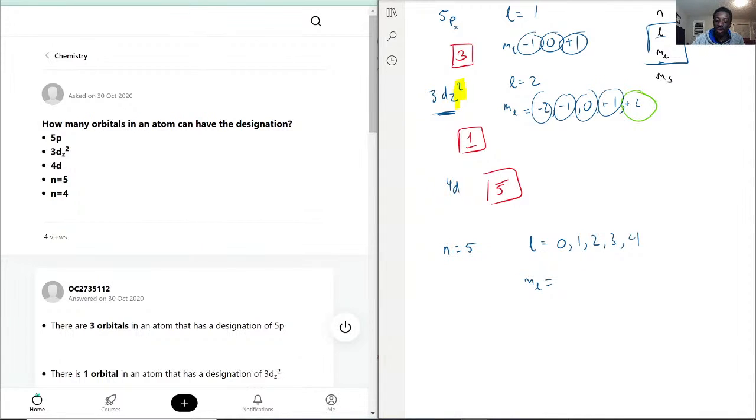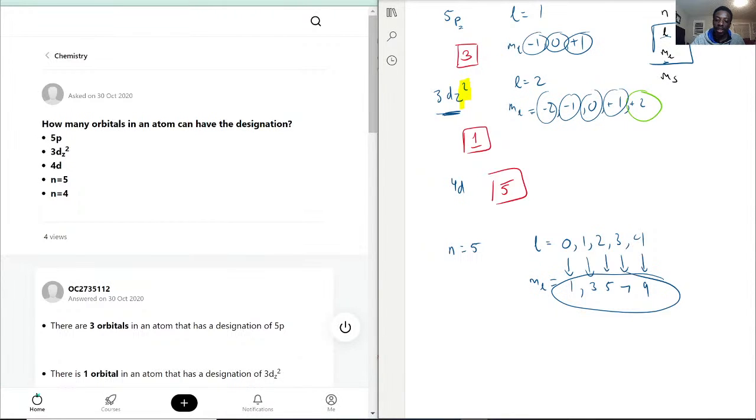To make it easier, 0 would translate to just 1 orbital, and this, as we showed up there, is 3, this is 5, this would be 7, and this would be 9. So if we added all of these together, that would tell us how many orbitals we deal with if n was 5. That's 9 plus 7 plus 5 plus 3 plus 1, so we have 25 possible orbitals with that designation.